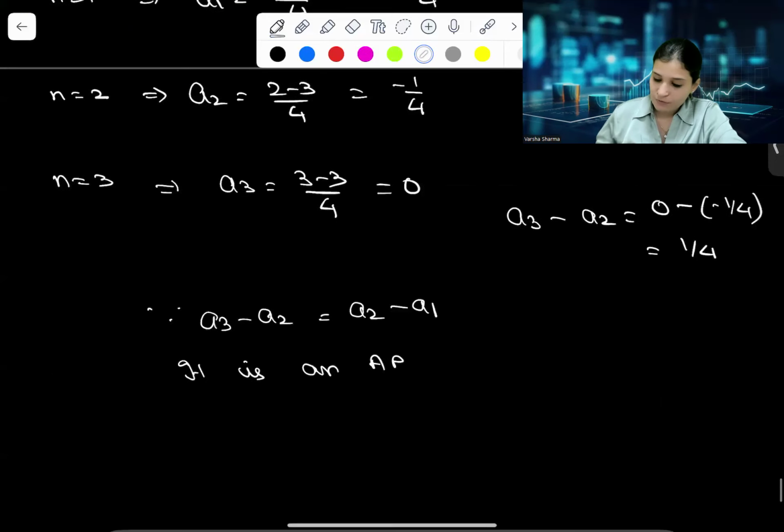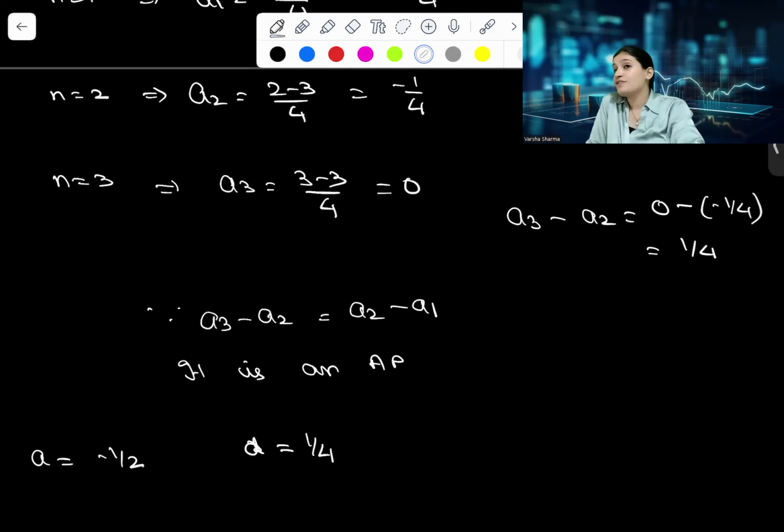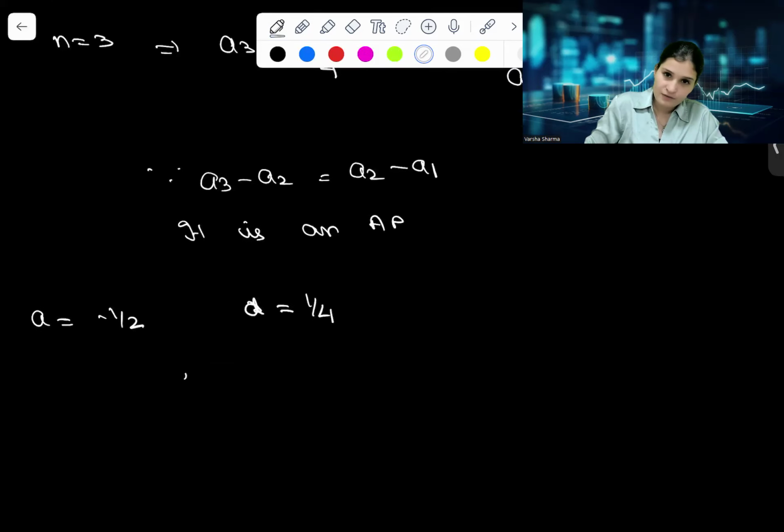Now, the first term. What is our first term here? Minus 1 by 2. And what's the common difference? 1 by 4. Now, we talked about one formula. What was the formula for the nth term or the general term? We had a plus n minus 1 into d.